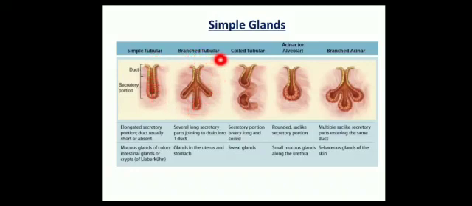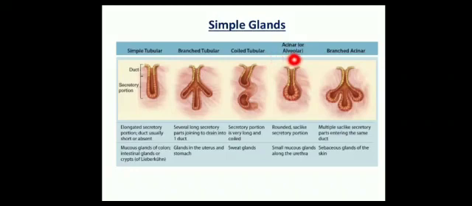Then branched tubular, with these branching tubular networks. These are the glands in the uterus and the stomach. And this is coiled tubular, simple coiled tubular, for example, sweat glands. So simple tubular, simple branched tubular and simple coiled tubular.